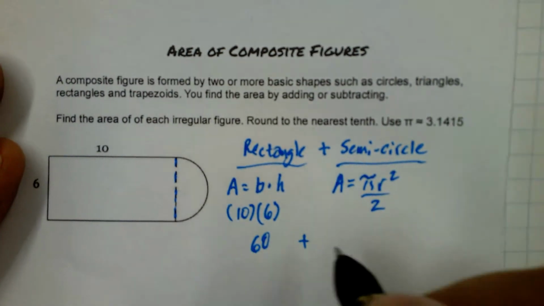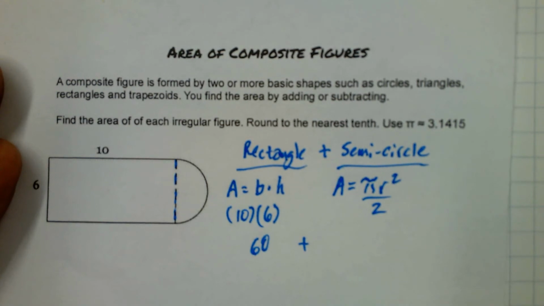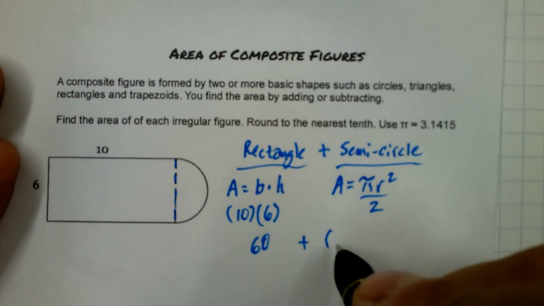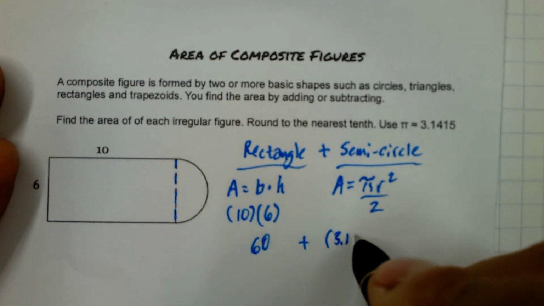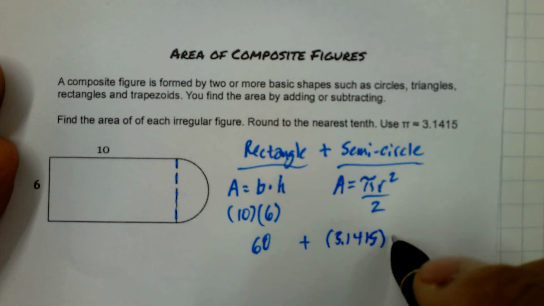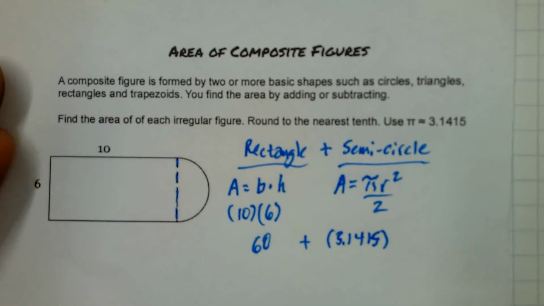Okay. So this time we're going to use an estimated number for pi, which in this case is 3.1415. And we're going to multiply that times the radius. Well, how much is the radius?